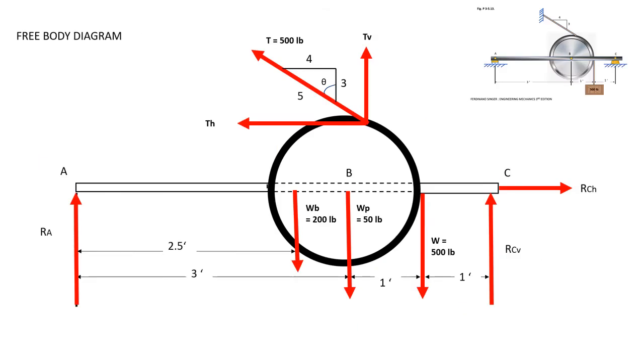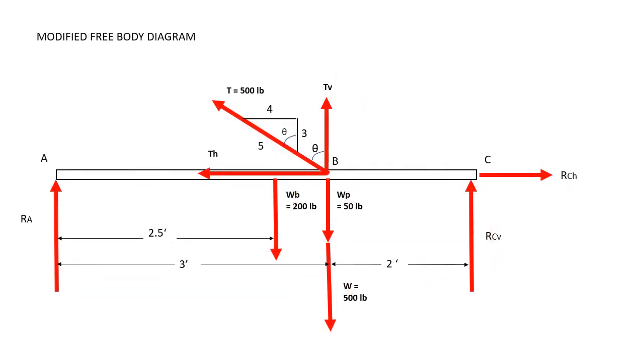They will cancel out, then it will equal to 0. Therefore, we will now have a modified free body diagram. So here is the modified free body diagram. We shifted the tension force and the weight of the load to the center pin. So here is the center pin of the pulley.